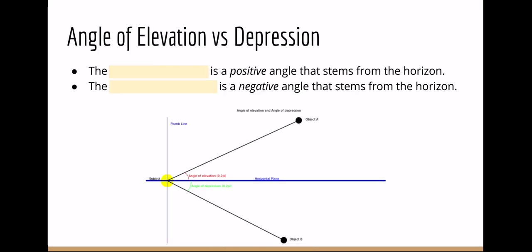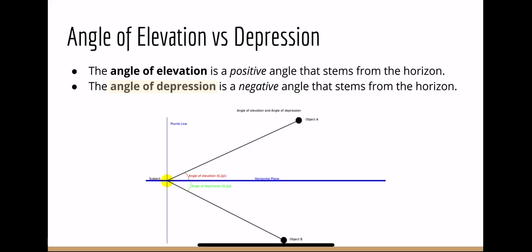Angle of elevation and depression. The angle of elevation is a positive angle that stems from the horizon, while the angle of depression is a negative angle that stems from the horizon.